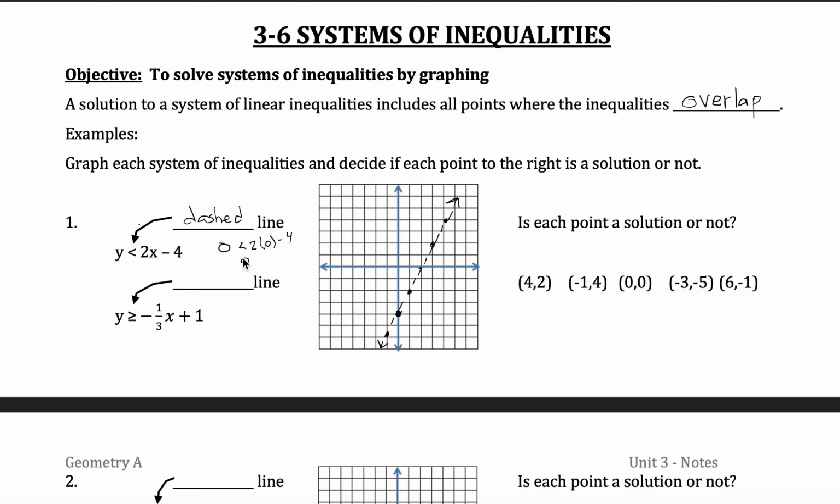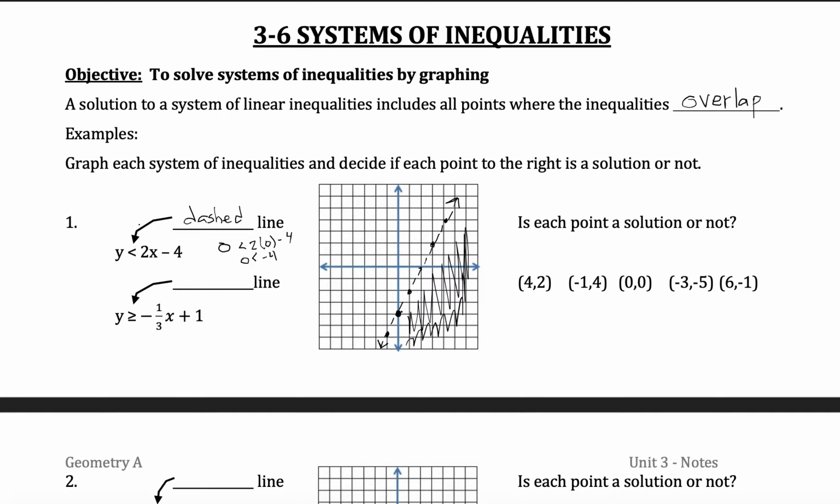So it's saying that 0 is less than negative 4. That is not true. So what we would want to do then is shade our inequality to the opposite side of the point 0, 0. The point 0, 0 is here, so we would be shading this side of our inequality.